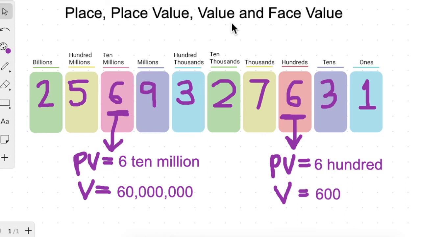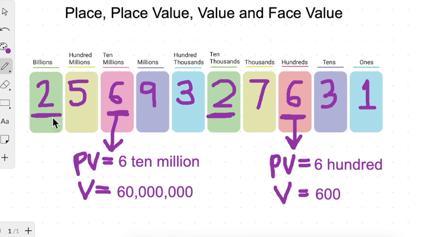Let us move to the last thing, that is face value. Face value is the value which is visible to you. So let us see the face value of this 2. The face value of this 2 will be 2 only because that is what is visible to us. Similarly, the face value of this 2 is also 2 because that is what is visible to us.